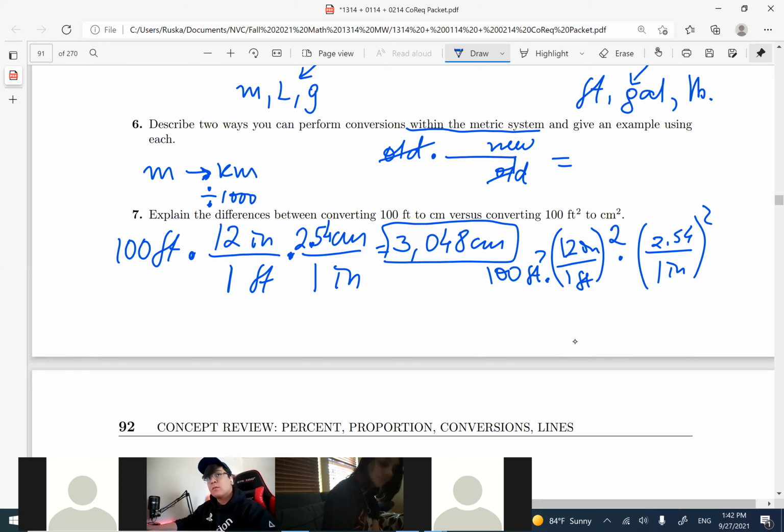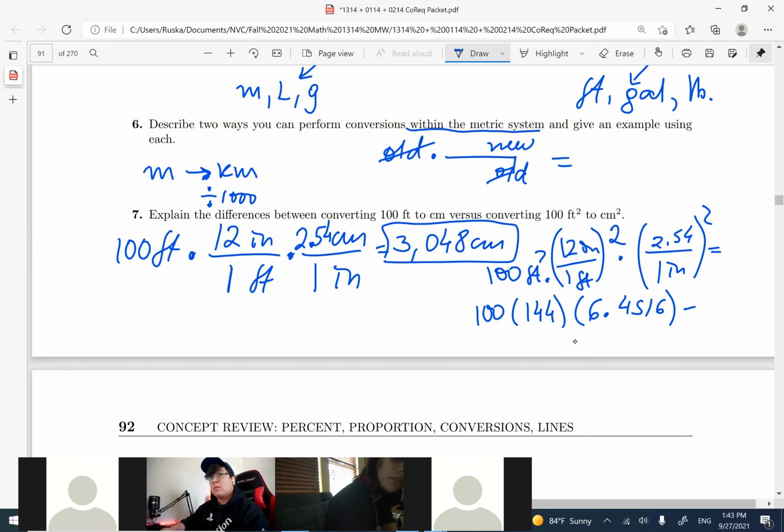So technically, in this case, you're going to multiply 100 times 12 times 12, which is 144, and then you multiply by 2.54 squared, which is 6.4516.